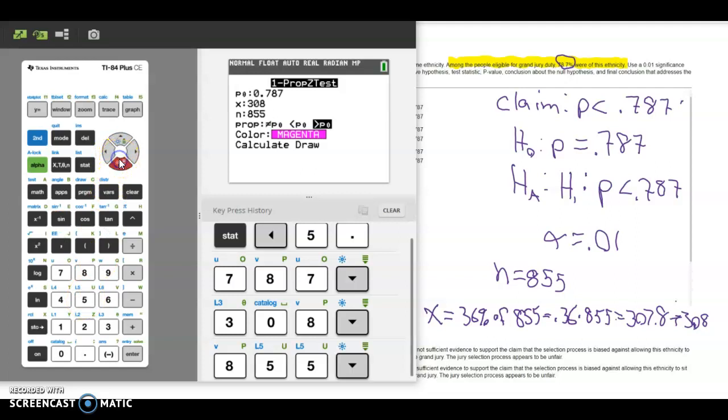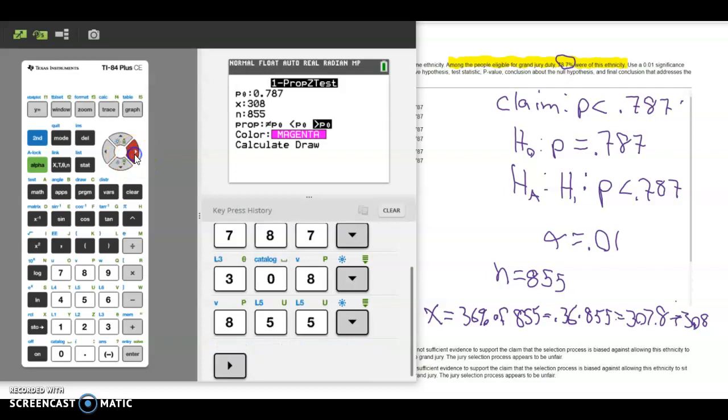Where it says prop here for proportion, we're always using the same symbol that we see in our alternative hypothesis, which is less than. And you can press calculate or draw, whichever you prefer. If this is a written document that you're turning in, you're going to make sure that you draw a picture on your paper.